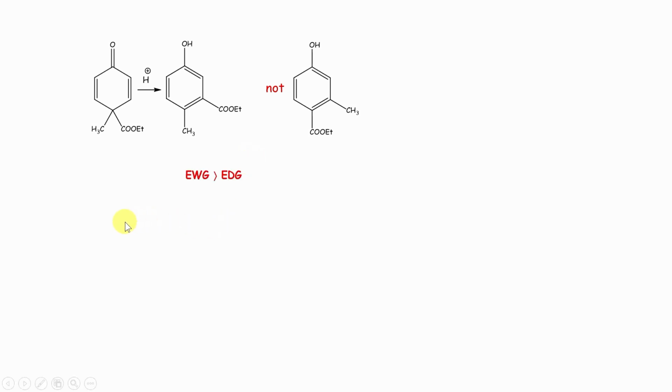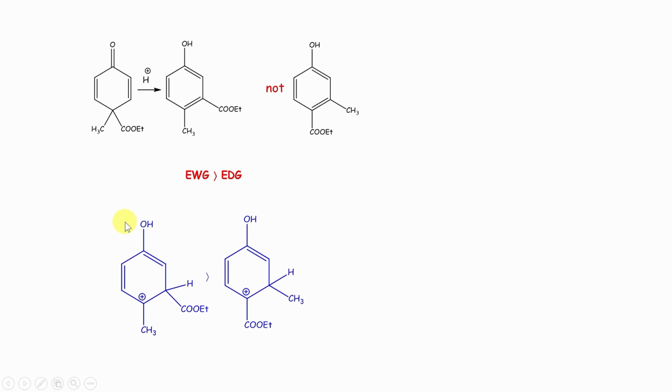It is because of the carbocations formed by the migration. If the electron withdrawing group is migrated, this carbocation is formed. You can see this tertiary carbocation is attached with this electron donating group. But if the electron donating group is shifted, this carbocation is formed, and this positively charged carbon atom is attached with the electron withdrawing group.